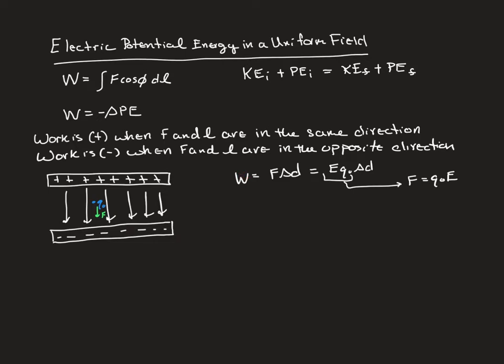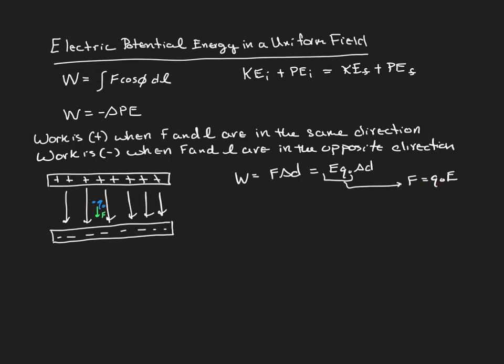So remember, work is force times displacement. In this case, the force is caused by the electric force. So we're going to take the electric field times the charge that is experiencing the force. Very similar to if this was a force due to gravity situation, we take the mass times gravitational field strength. So this is what we're subbing in here.